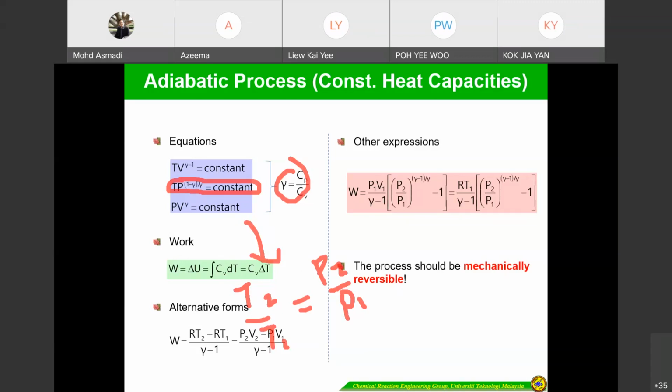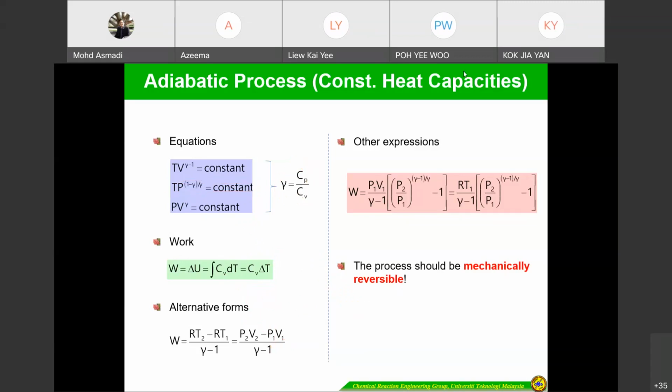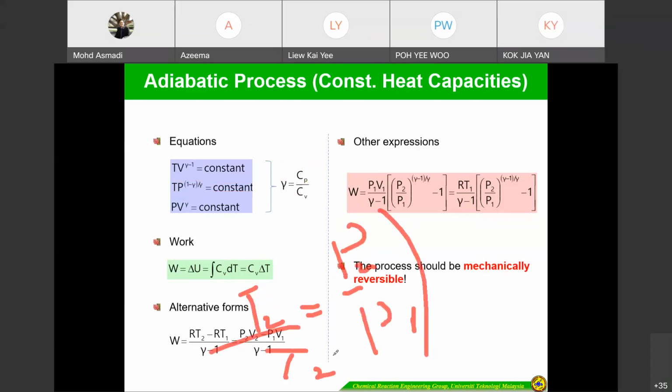So you have to look here. Where is my cursor? It always disappears. I don't use the wireless one. P2 divided by P1. So you use the relationship. This one you can get T1, so you can get T2.